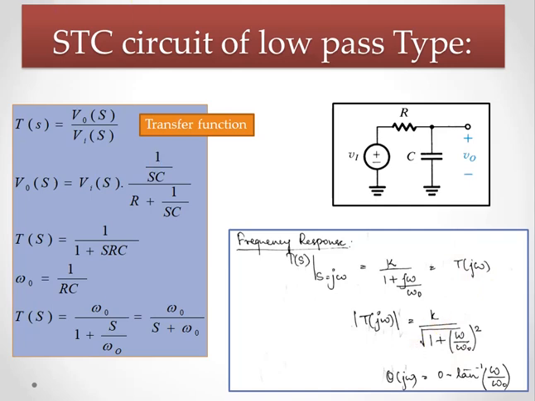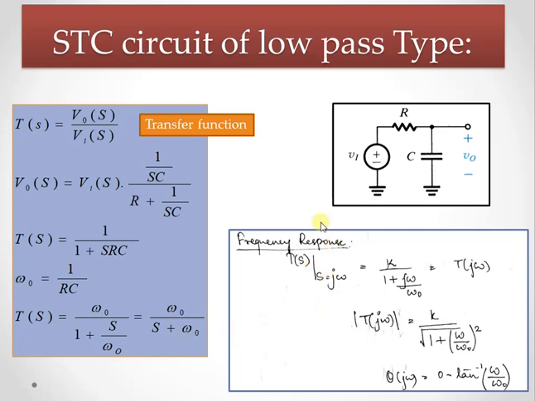When I compute the magnitude, it is K divided by the square root of 1 plus (omega divided by omega naught) the whole squared, and the phase response is computed as 0 minus tan inverse of omega by omega naught. What important thing you need to note here is the STC circuit has a transfer function given by omega naught divided by (s plus omega naught).